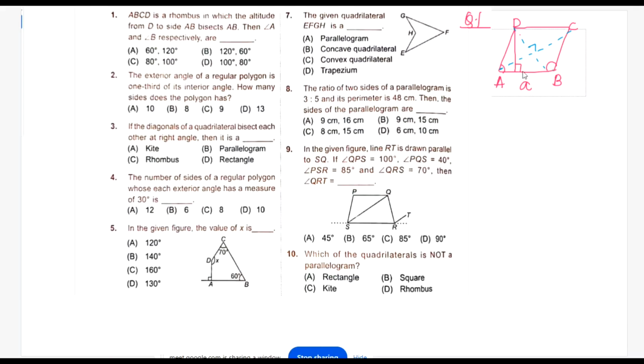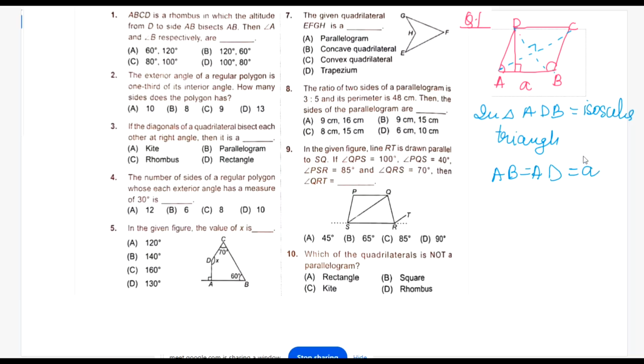So in triangle ABD, we have AD equal to BD equal to AB. In triangle ADB we have an isosceles triangle, with side AB equal to your AD, and this is equal to your A value.